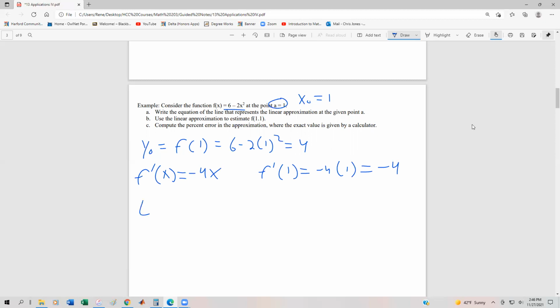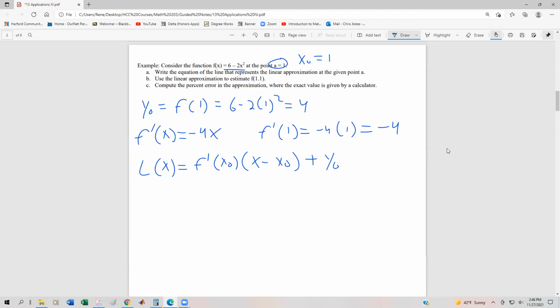And so for our formula for L of x, remember that's f prime at x naught, times x minus x naught, plus y naught. That's pretty easy to find now because we have the slope, which is negative 4. We have y naught, which is 4, and we have x naught, which is 1. So this is going to be negative 4 times x minus 1, and then plus 4.